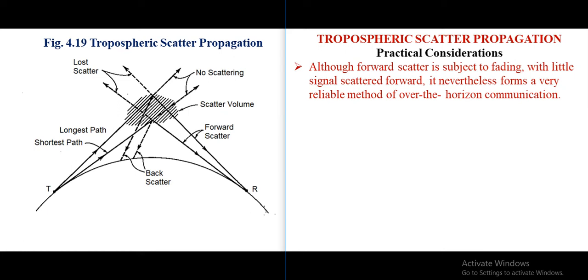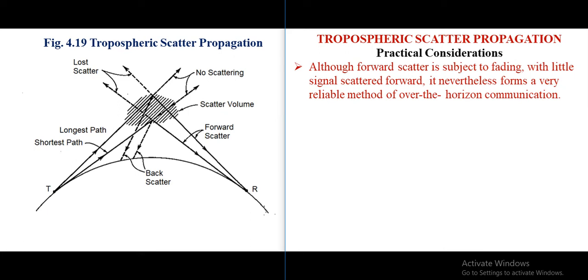What is fading? Fading is the fluctuations in the signal strength. So, although the forward scatter is subjected to fading with little signal scattered forward, it is one of the reliable methods of over the horizon communication.